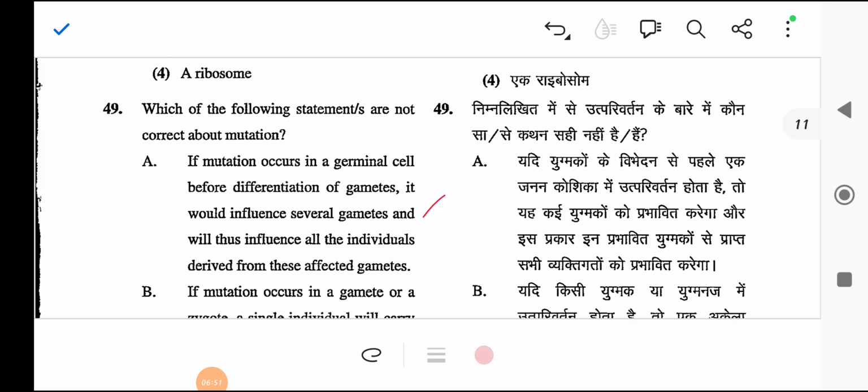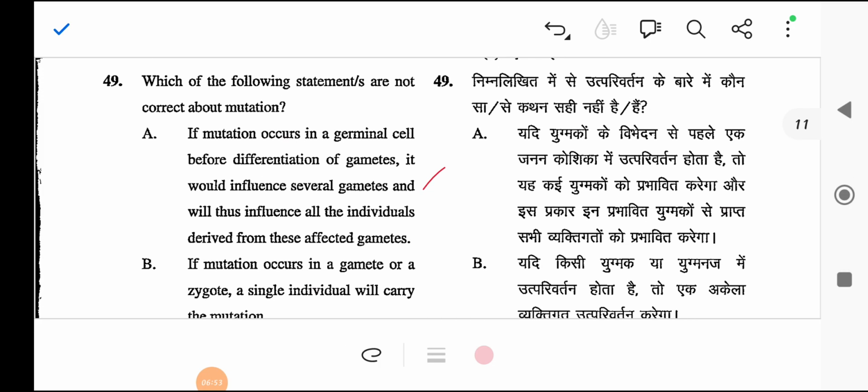Next question is, which one of the following statements is not correct about mutation? If mutation occurs in a germinal cell before differentiation of gametes, it would influence several gametes and thus will influence all individuals derived from affected gametes.